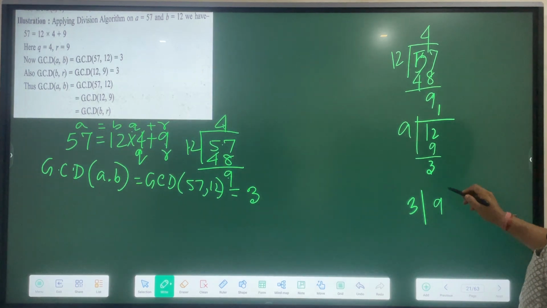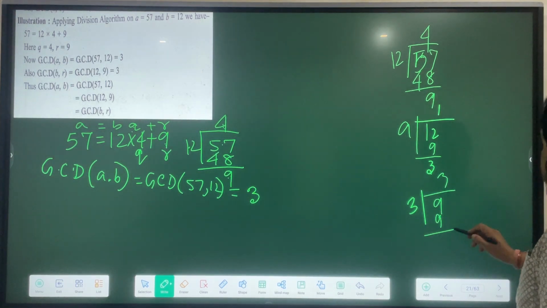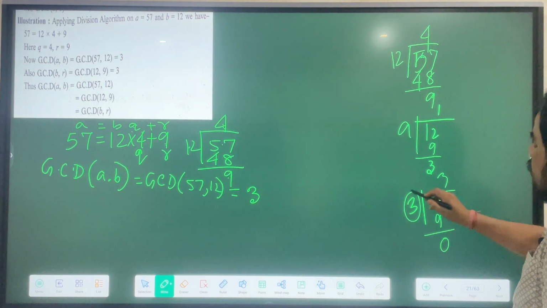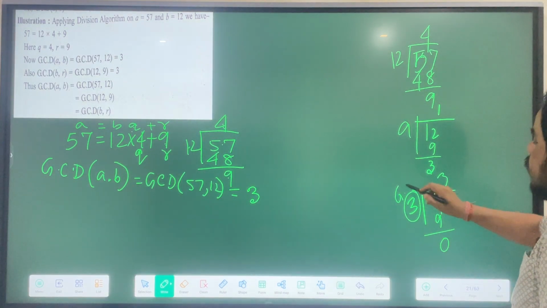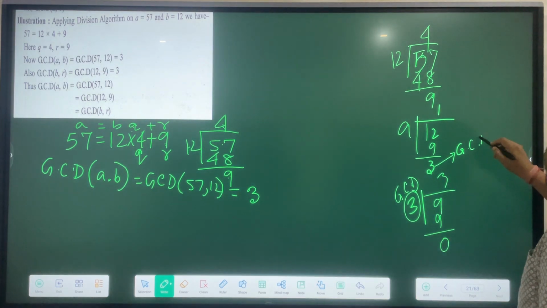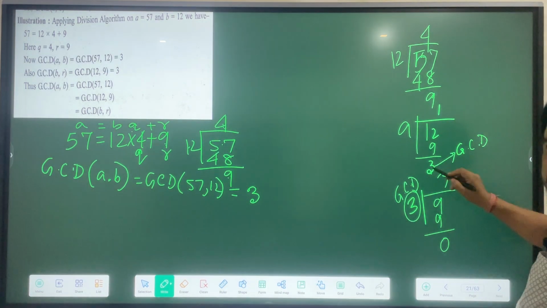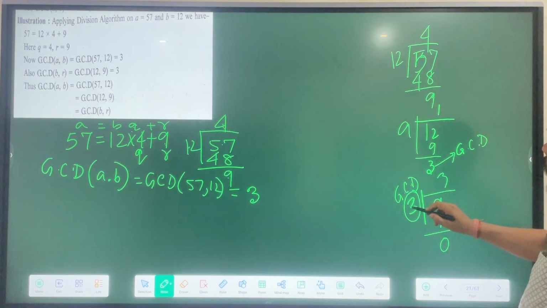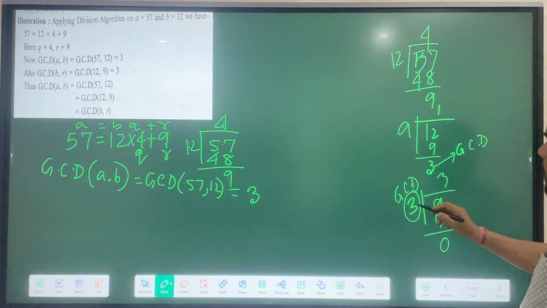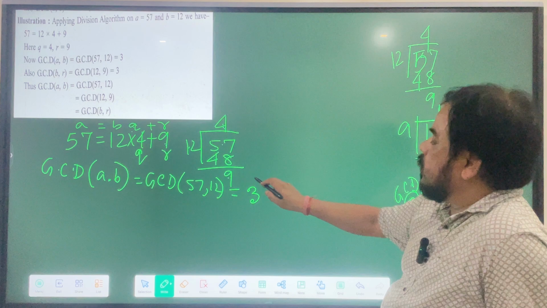By 3 we divide 9 again: 3 threes are 9, remainder 0. So this is the GCD. The last non-zero remainder will be the GCD, or the last divisor is the GCD when we get 0 remainder. So the GCD is 3.